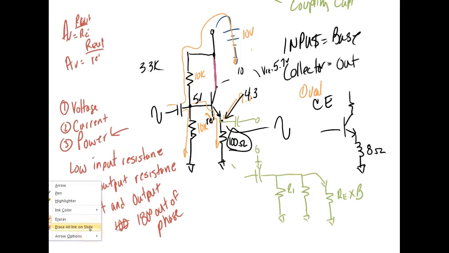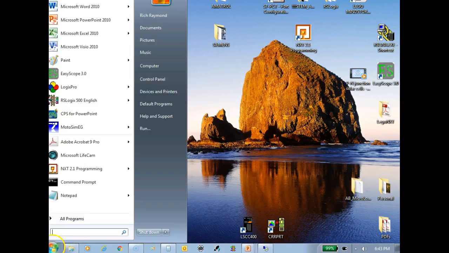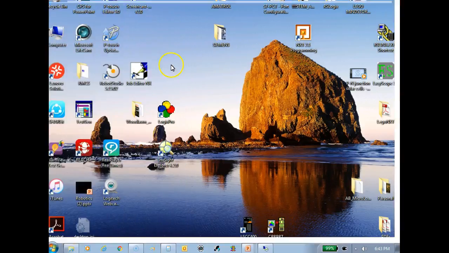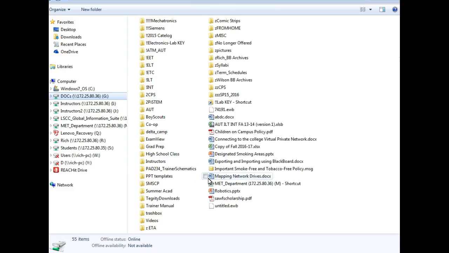Let me bring up my PowerPoint that I use. Normally when we start dealing with AC signals, most people don't use the term resistance, they use the term impedance. If you had AC, you'll understand that.